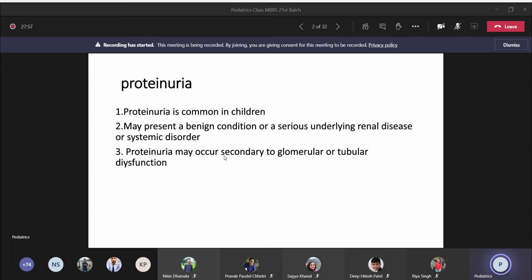The second test is by urosticks. There are different colors on the urosticks. If the protein is nil, there is no change in the color. If it is trace, there is a slight change in the color, and so on. If the albumin is 4+, it becomes deep blue.